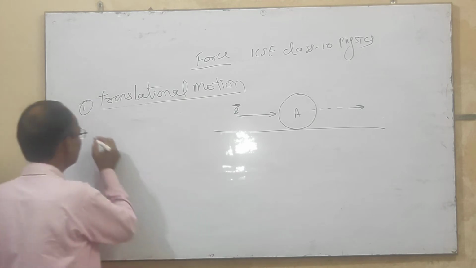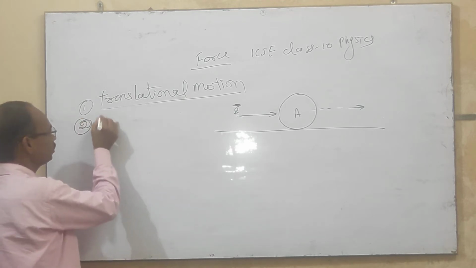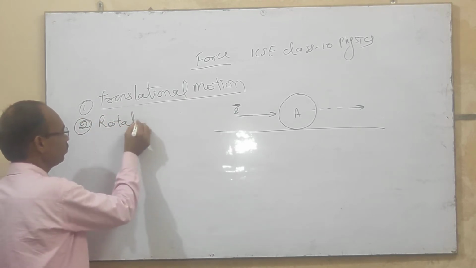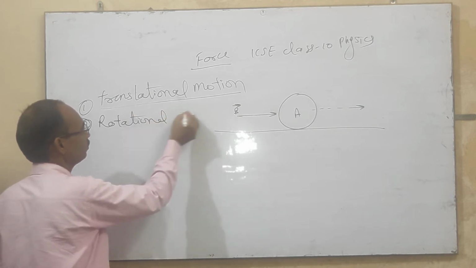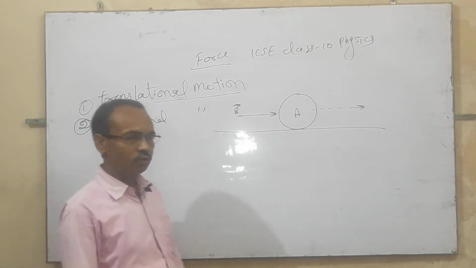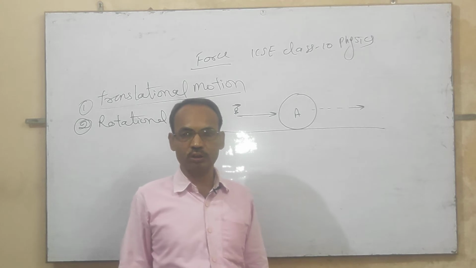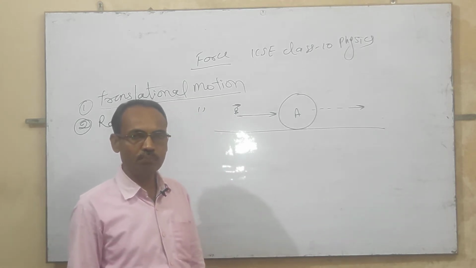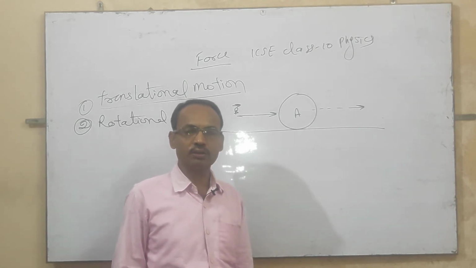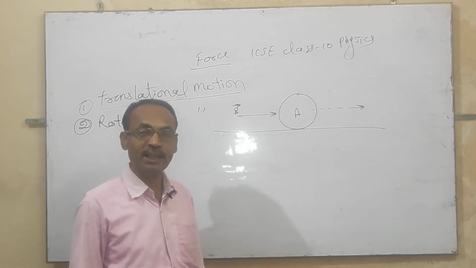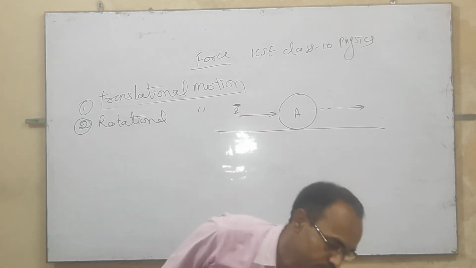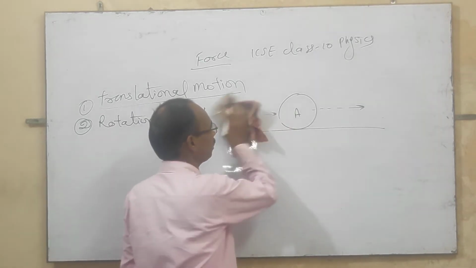The second point is rotational motion. Rotational motion is a motion in which a body is rotated about a fixed point, axle or axis.